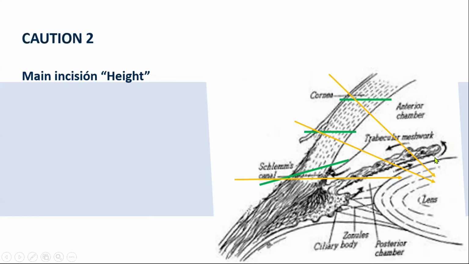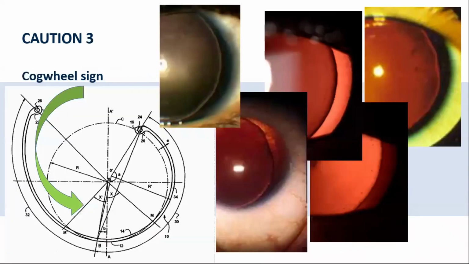Vertical incisions are more difficult to handle the lens, and horizontal incisions go more with the final position of the CTR. So sclerocorneal or limbal approaches to the cataract surgery are easier to implant the CTR. So the main incision height is important.